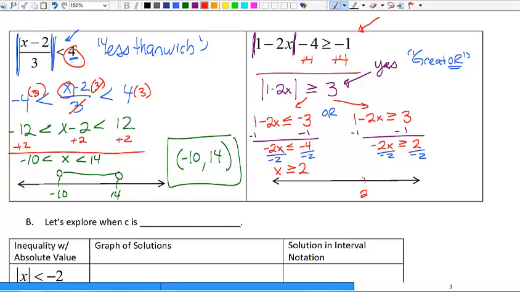So at positive 2, I have a closed circle, and it goes to the right. On the other inequality, I divide both sides by negative 2, and I'm getting x is less than or equal to. I switch my sign, because whenever you multiply or divide by a negative, you switch your sign, negative 1. Again, I have a closed circle, and it goes to the left because x is less than.